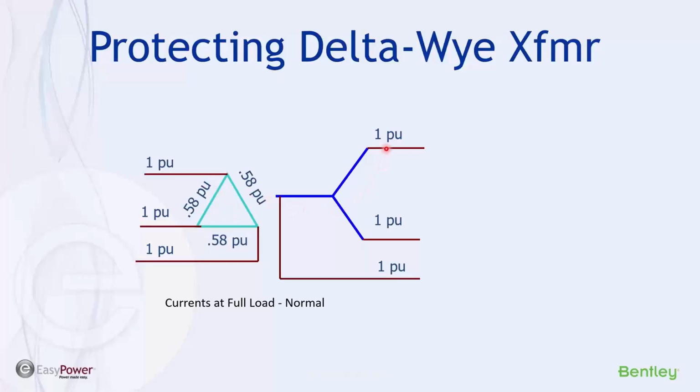And on the Y side, very often the neutral connection can be considered a ground, or is grounded. The point that I'm trying to make is if we measure the current through the transformer on the phase downstream, on the secondary, we can measure 1 per unit current, but it corresponds to the phase on the upstream.